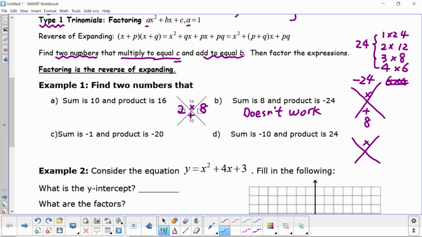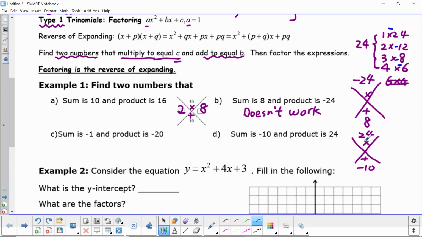Then for this one, we are going to draw this. Times together 24, add together is negative 10. And here be careful because add together is negative. So for these factors, the larger number need to be negative. Then the two numbers add together, you will be able to get negative.